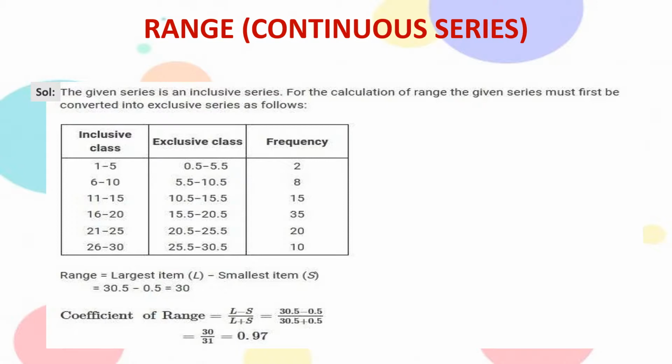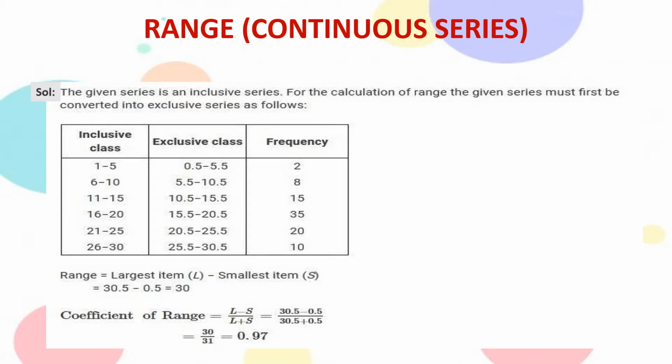Now the procedure is the same to calculate the range and coefficient of range. Find out the largest value in the given data. In these classes you can observe the largest value as 30.5 and the lowest value is 0.5. That is, the smallest value is 0.5.